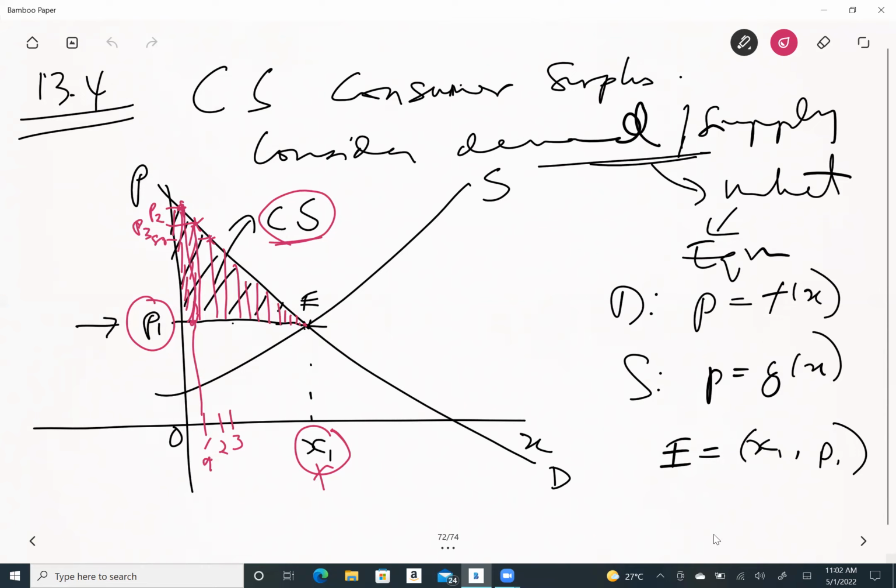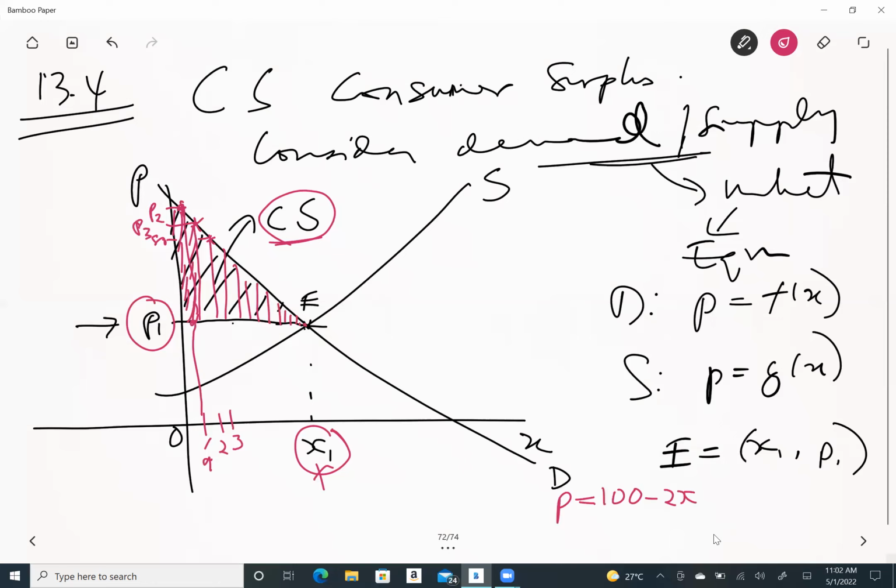Suppose our demand function here, let's say demand function P equal to 100 minus 2x. Okay, all right.